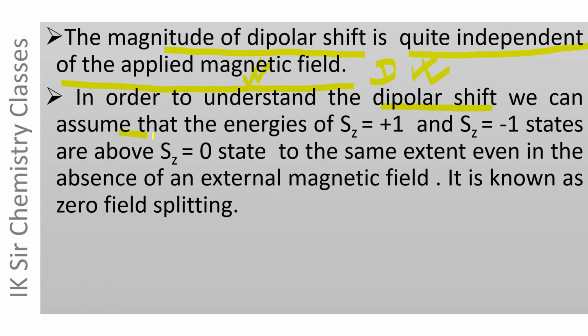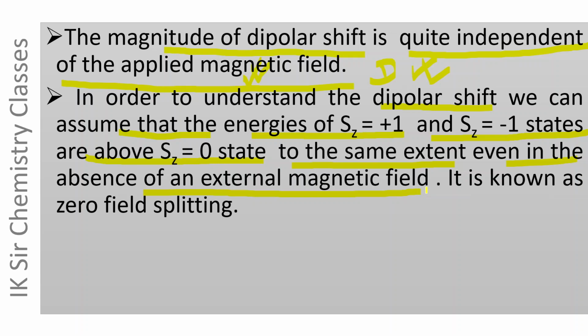In order to understand the dipolar shift, we can assume that the energies of both Sz equals to plus 1 and Sz equals to minus 1 states are above Sz equals to 0 state to the same extent, even in the absence of external magnetic field.